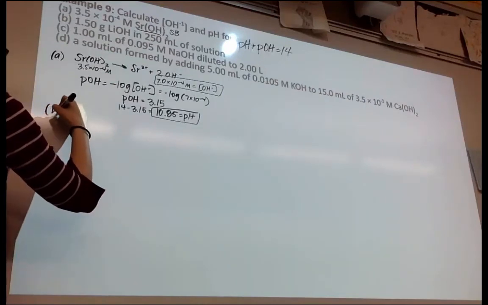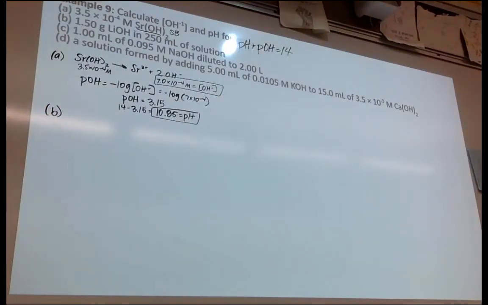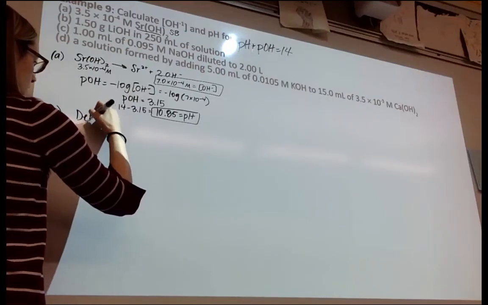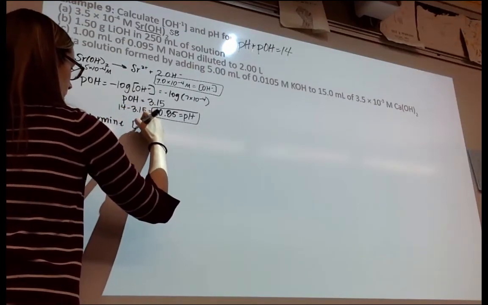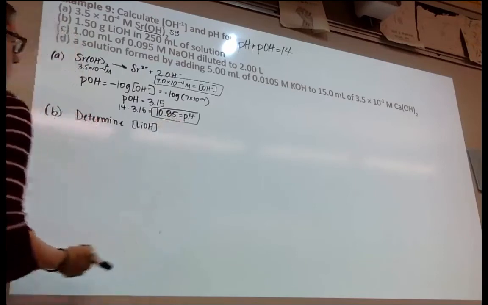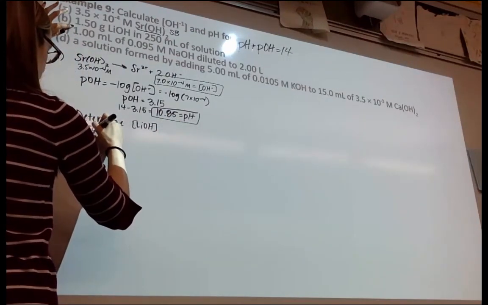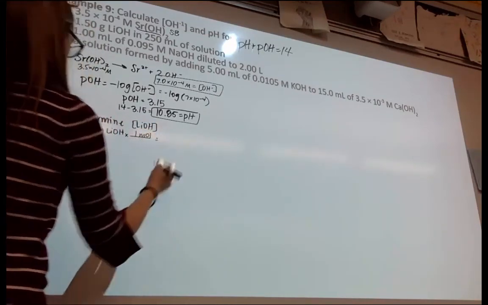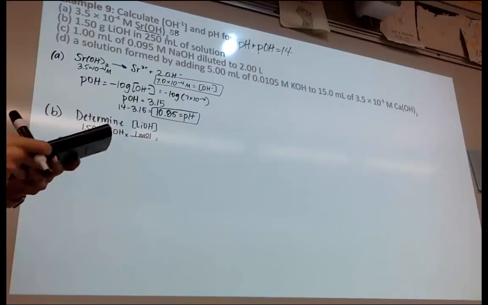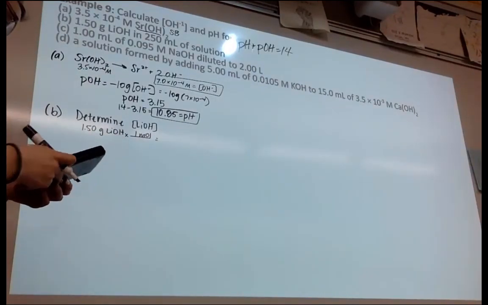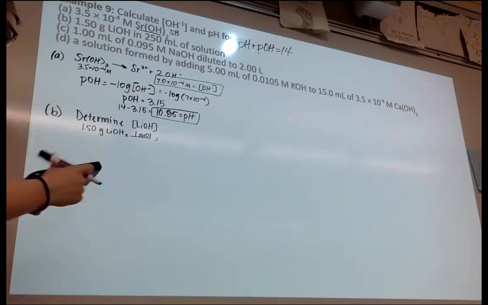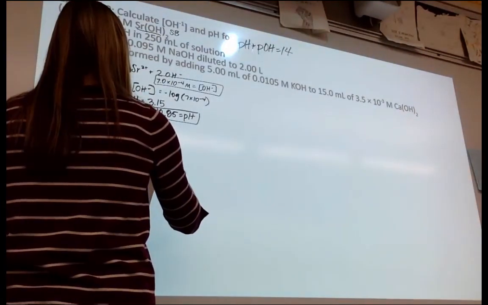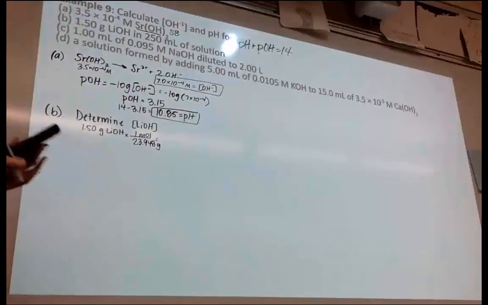So for part B, notice part B of 9 is like part B of example 8. We need to figure out the OH minus concentration first. So determine the concentration of LiOH. So 1.5 grams. 6.94 plus 16 plus 1.008, 23.948 grams per mole.